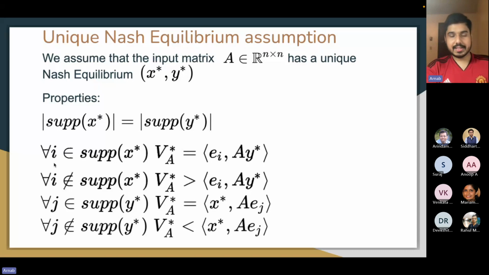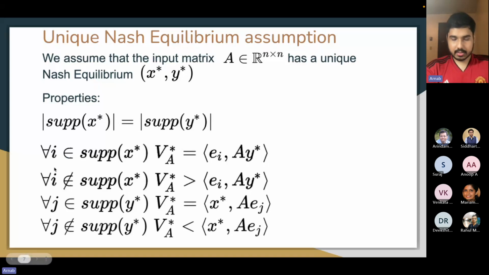Formally, these are the equations that hold true. If your row index is part of the support of x star, then this e_i^T A y star is the reward you get by playing row i when the column player is playing the strategy y star, and that reward will be equal to the value of the game.